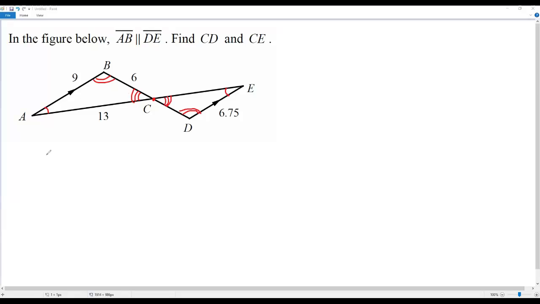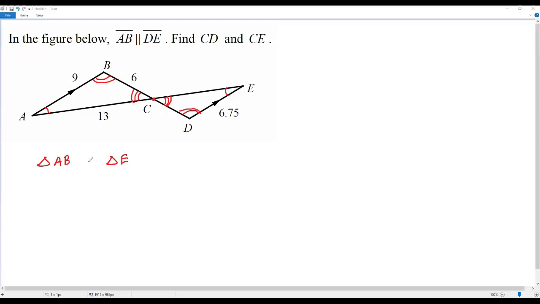So we can write first, let me write the vertex A in the first triangle ABC. What is the corresponding vertex in the second triangle? We already know that the angle measure at vertex A and at vertex E are equal. So the corresponding vertex for A in the second triangle is E. We always have to write the vertices in order. Now let me take the vertex B in the first triangle.